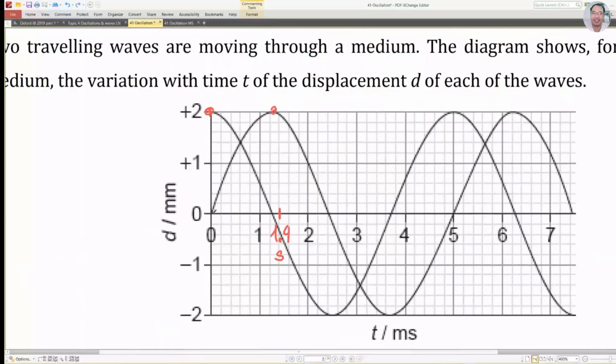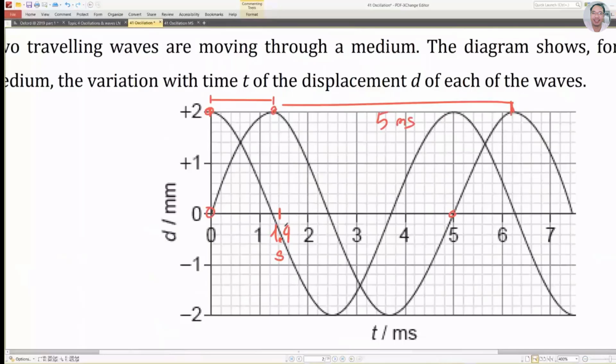The period of the two waves, you can start from this first wave to the next peak. The next peak is here, right? Or you can start from this 0 to the next 0 here. So that is 5 milliseconds. And the difference in time between these two peaks is 1.3.